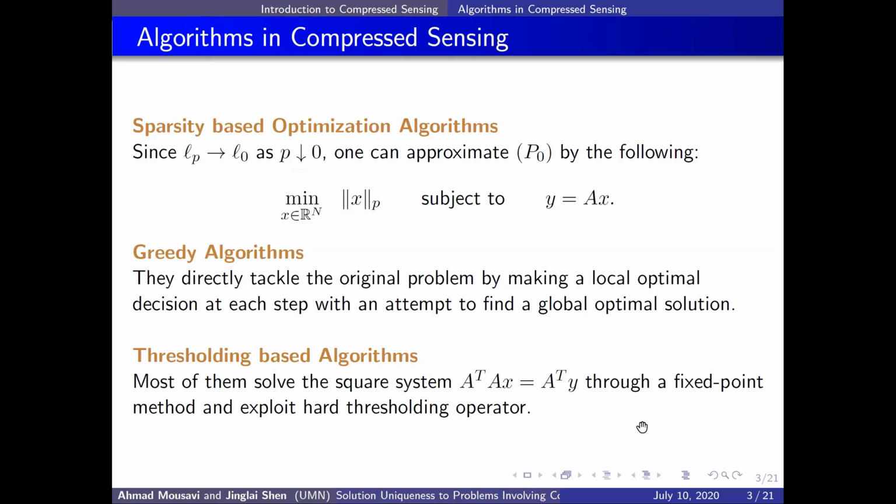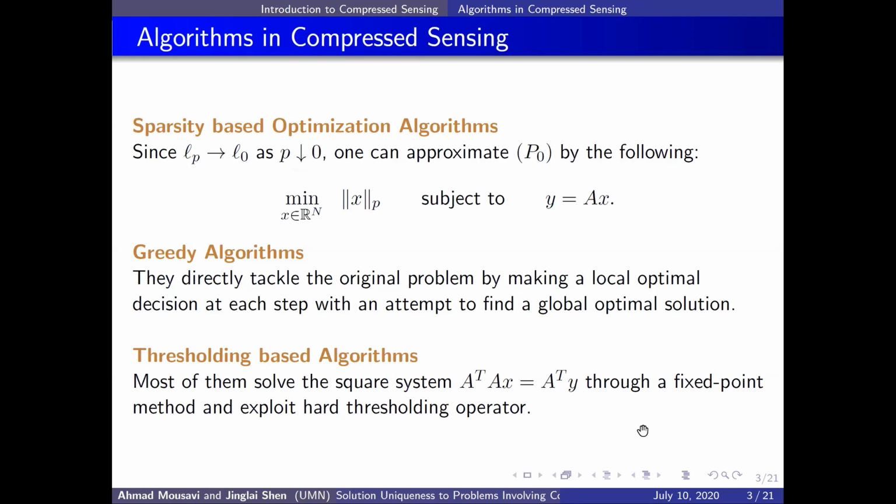And there is another category, thresholding-based algorithms. Their idea is they use this A transpose somehow like A inverse. If we knew A was orthogonal, A transpose would be the inverse, but here A is not square.